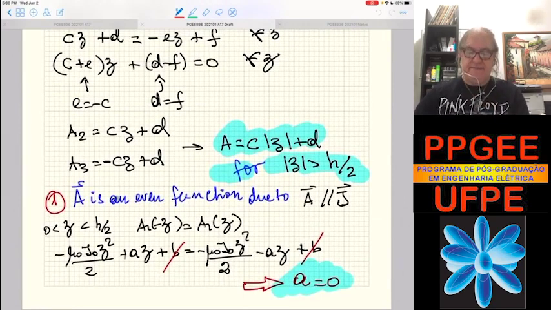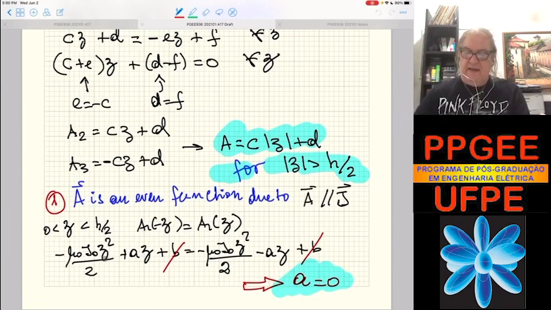Also, inside, A is an even function due to the condition that J is parallel to Z. So if you use the solution inside at minus Z, it has to be the same as at Z, right?